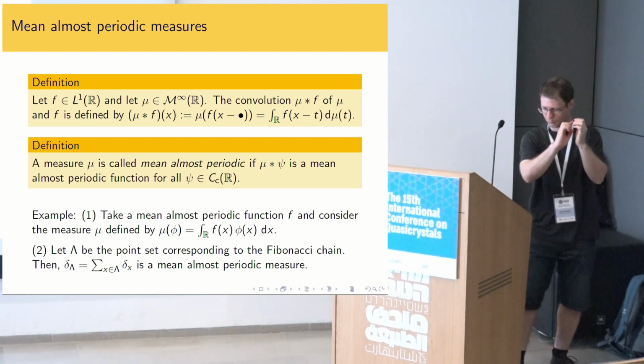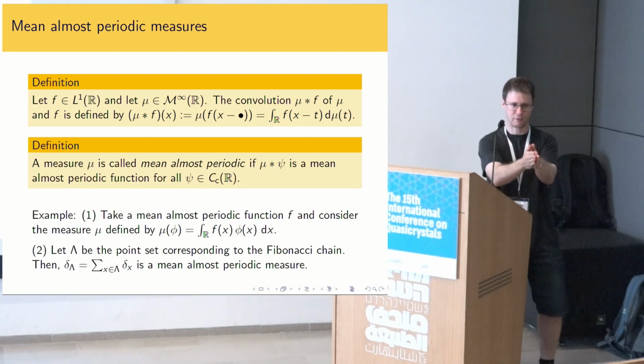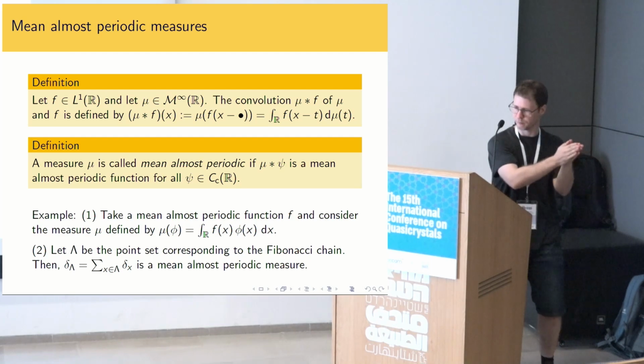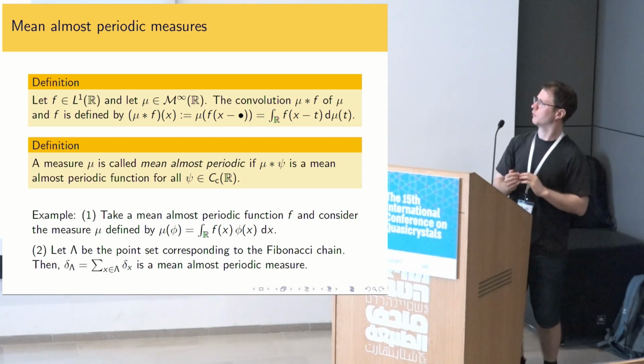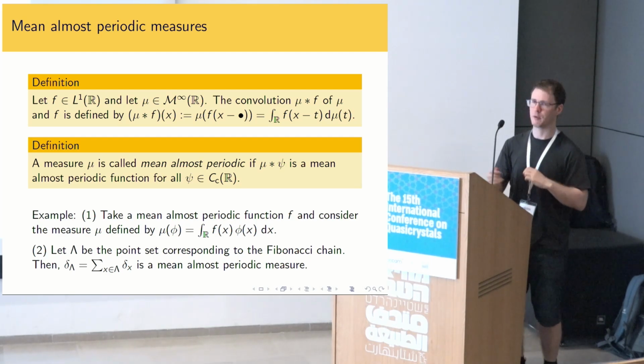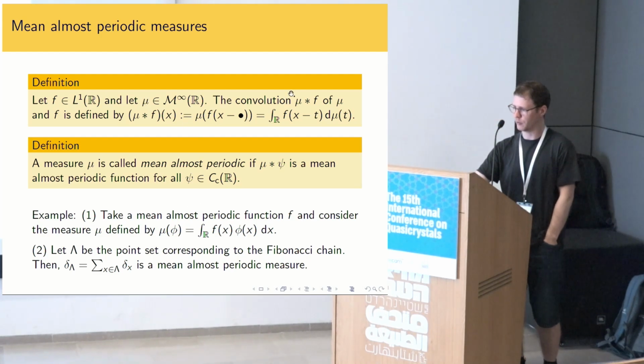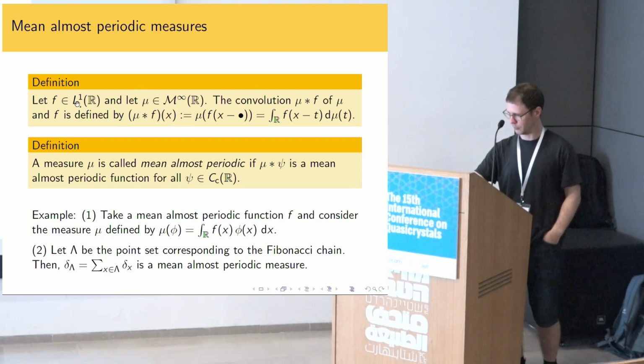Because now, what we want to do is transfer the property of mean almost periodicity from functions to measures. And this we can do by convolution. You all know the convolution between functions, and the convolution between a function and a measure is pretty similar. So let's take an integrable function f and a measure mu.